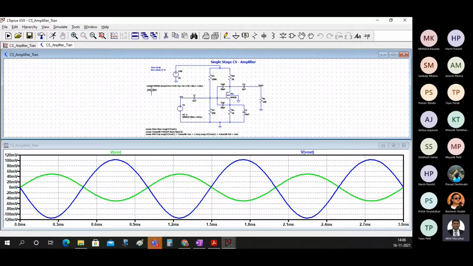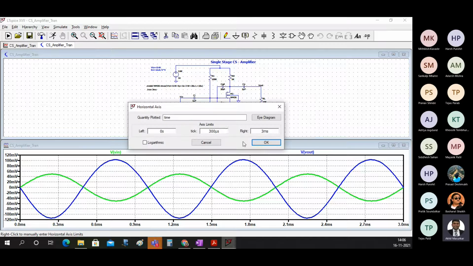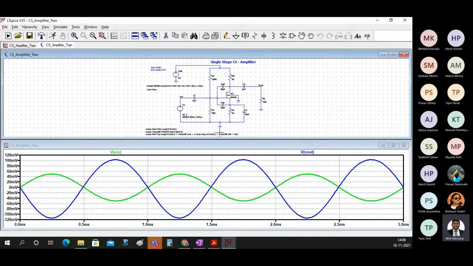Now .tran I have written 3. Why? Because here my signal is 1 kilohertz, so the time period of the signal will be 1 millisecond.